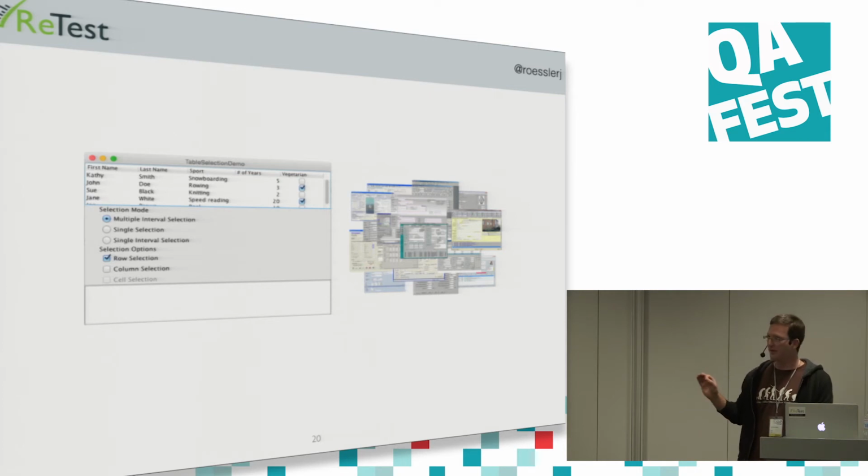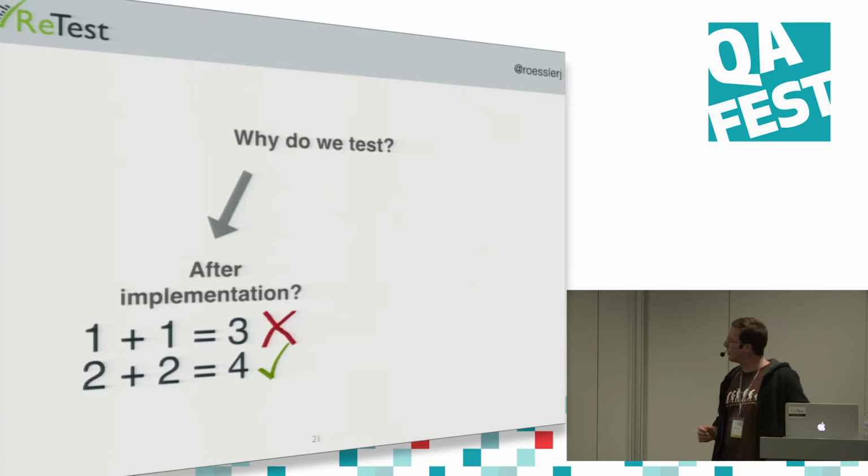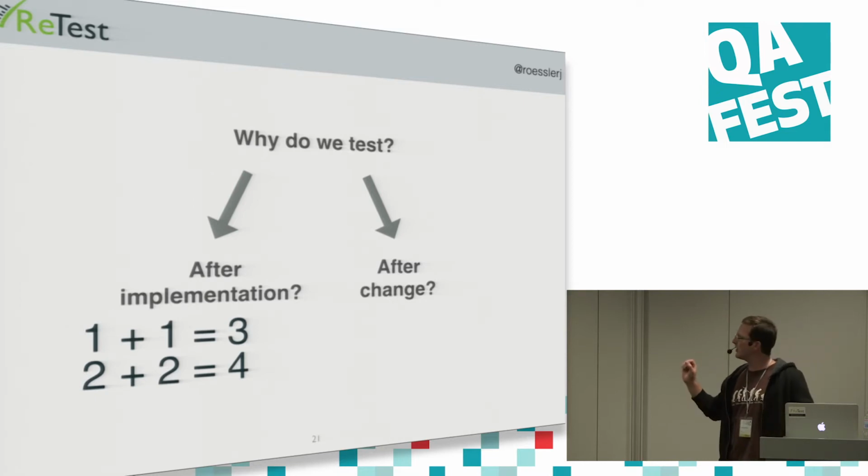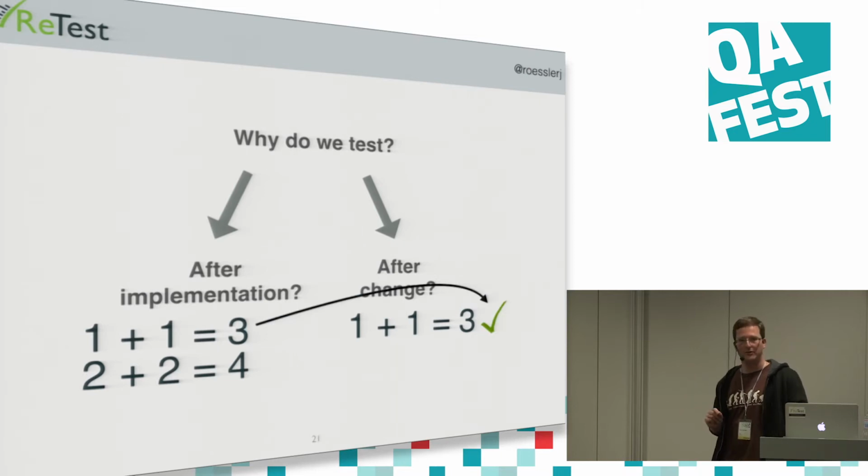Then you have to test that functionality manually, but for all the other screens, basically what you want is that it shouldn't change, it shouldn't break, it should behave as before. And what's more interesting is that after a change, if that bug 1 + 1 is 3 wasn't discovered, and the customers bought the software and installed it, and they are used to that, then suddenly this becomes the right answer.